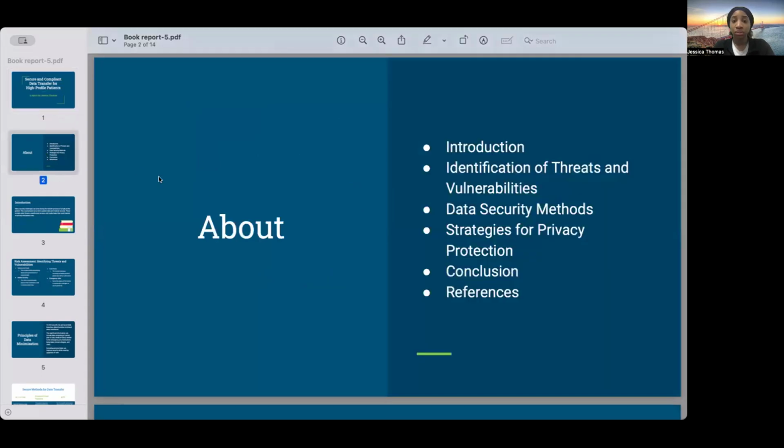So just to talk about the things that we will be covering in this presentation, I will start with an introduction, and then we would perform a risk analysis, identifying the threats and vulnerabilities that could arise in this kind of emergency situation.